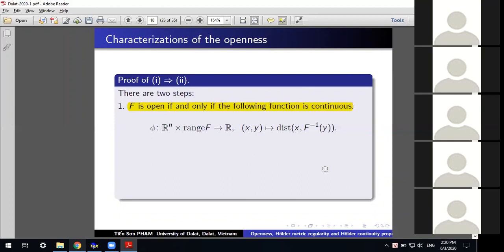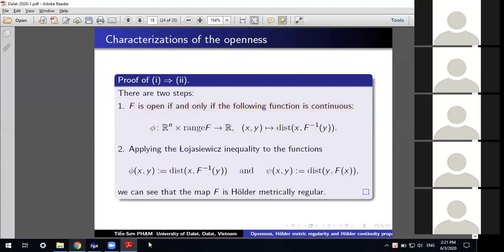I would like to mention that for this claim I don't need to assume that F is semi-algebraic. Without this assumption, F is set-valued such that the graph of F is closed, and we still have this claim without semi-algebraicity.